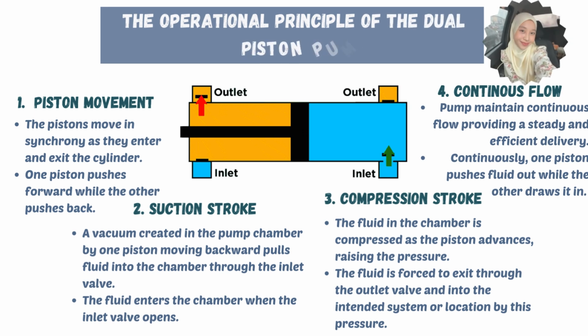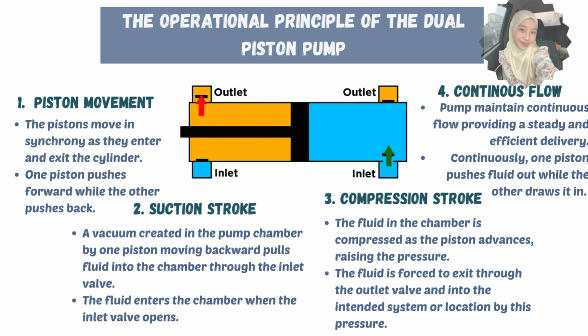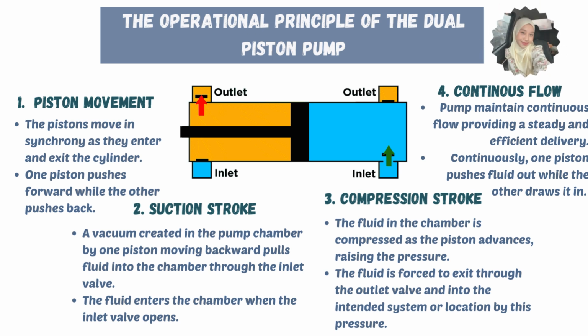Move to the third step, which is compression stroke. In this step, the fluid in the chamber will compress as the piston advances and it will be raising the pressure. The fluid is forced to exit through the outlet valve and into the intended system or location by this pressure.